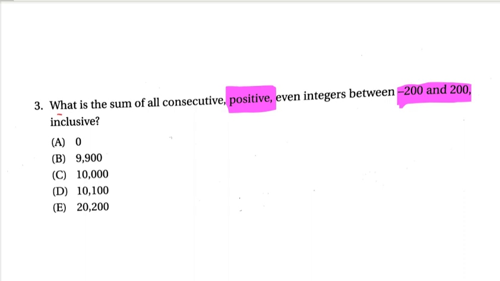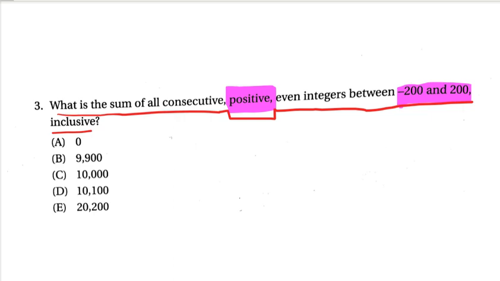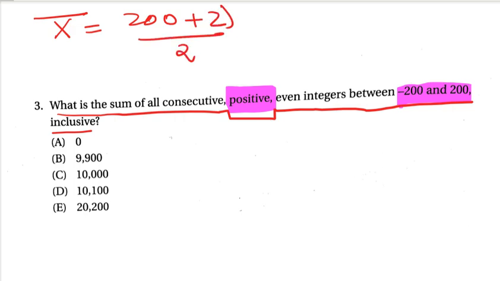It says, what is the sum of all consecutive positive even integers between minus 200 to 200, inclusive? Inclusive means everything is included. Since the numbers are consecutive, the x bar will be 200 plus 2 divided by 2.